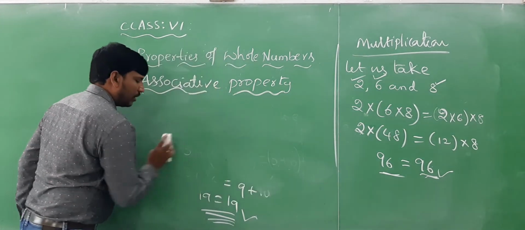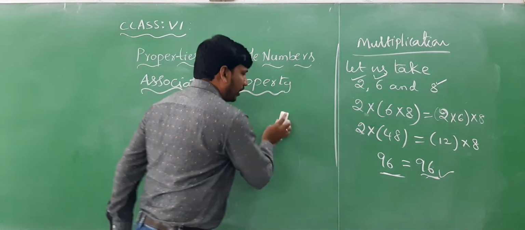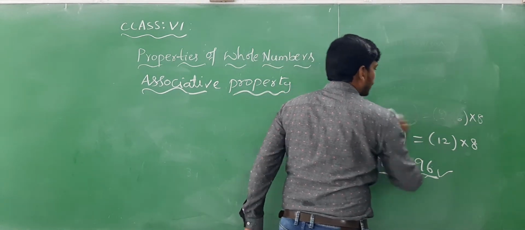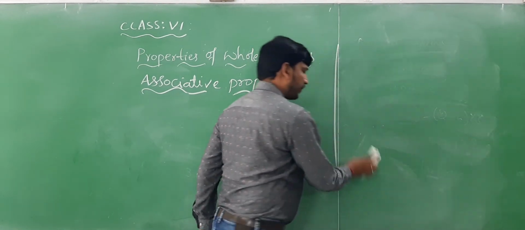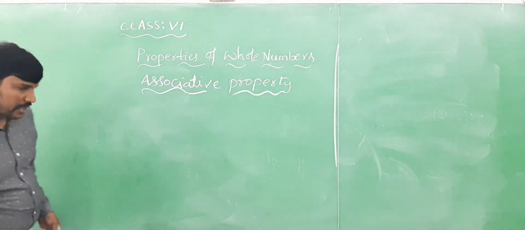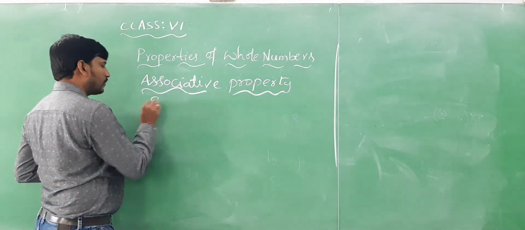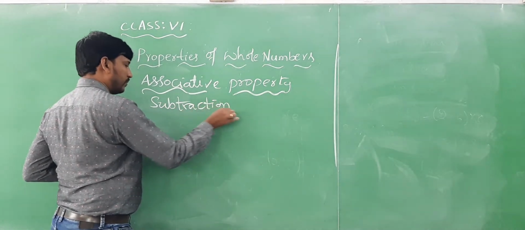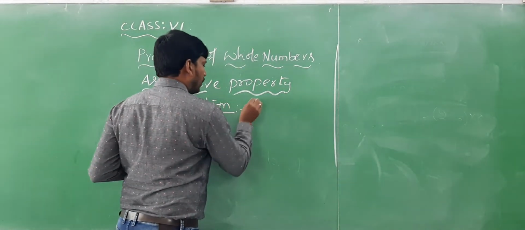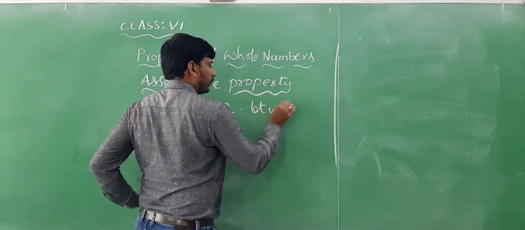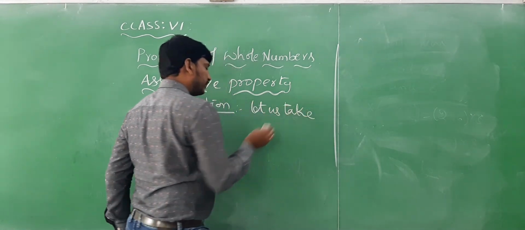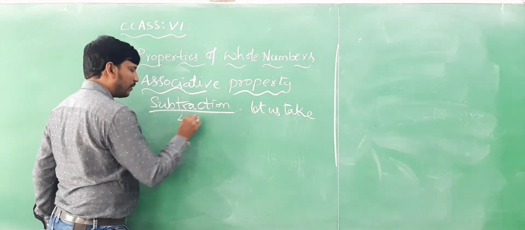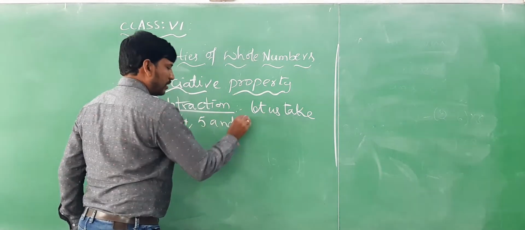Now, while doing subtraction, take any three numbers. Same process, just change the signs between the numbers. Clear? So now let us discuss under subtraction. Let us take 4, 5 and 6.